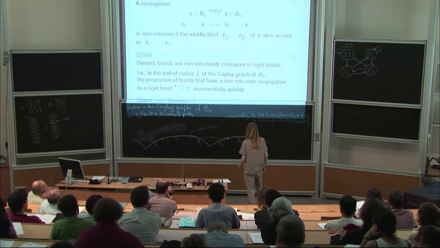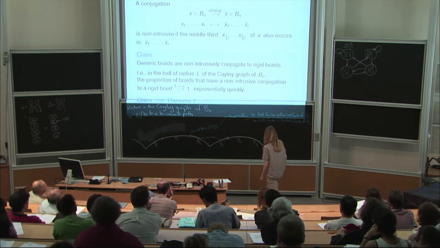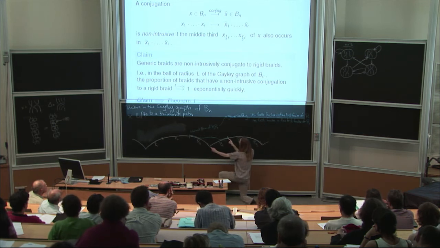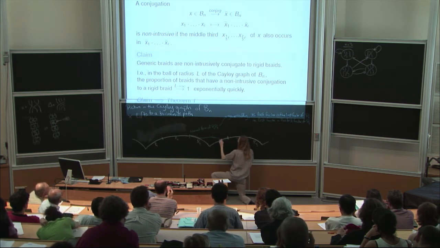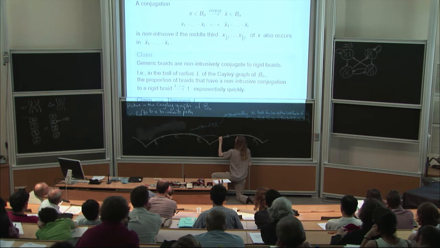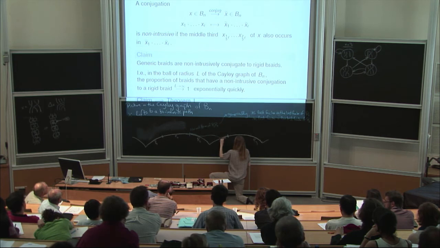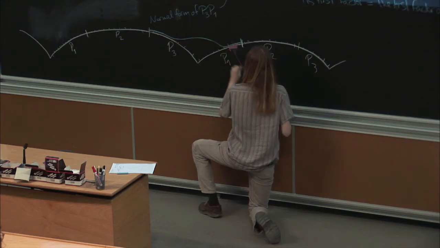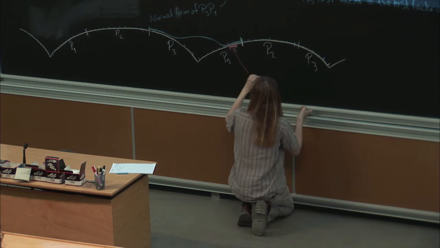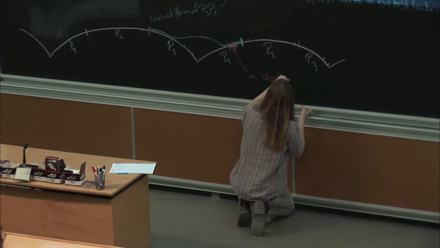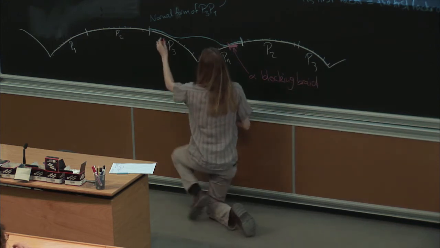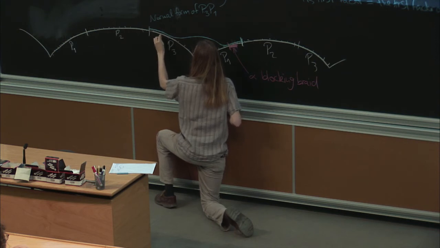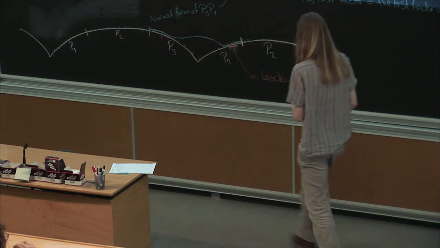Well, I claim that somewhere in the second half of P1, I mean not right at the start, but somewhere rather near the end, say in the second half of P1, there is something which we call a blocking braid, alpha. Blocking braid and something analogous over here. Let me not discuss that in detail.